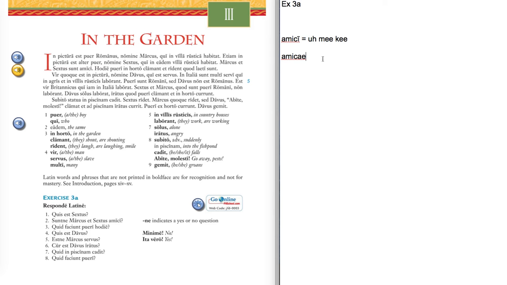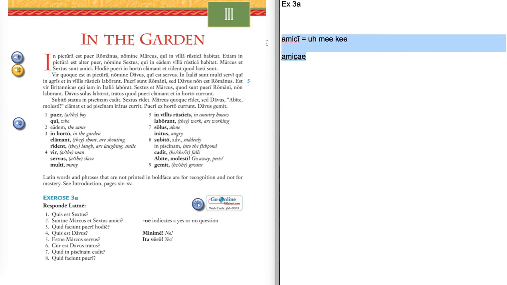And this one would be more like "me-kai." How do I say that? Amicae. Like that, right? So that AE has the I sound in classical pronunciation, and the long I has the E sound.